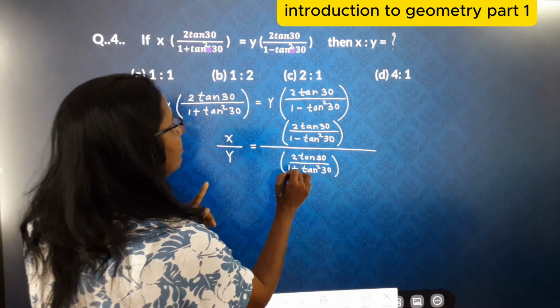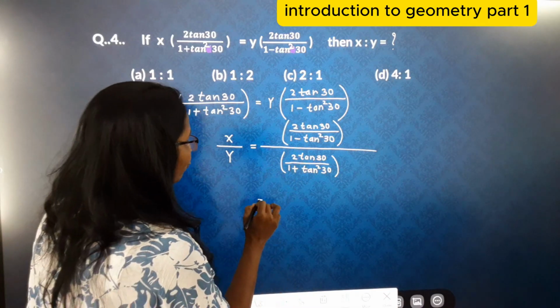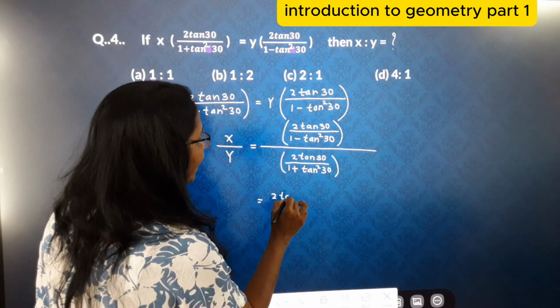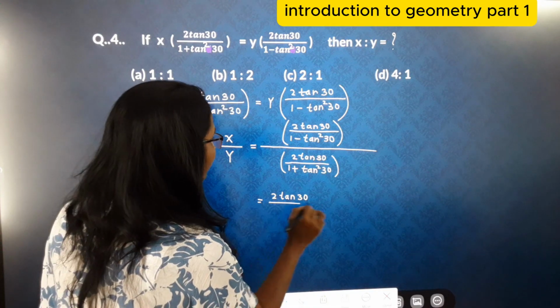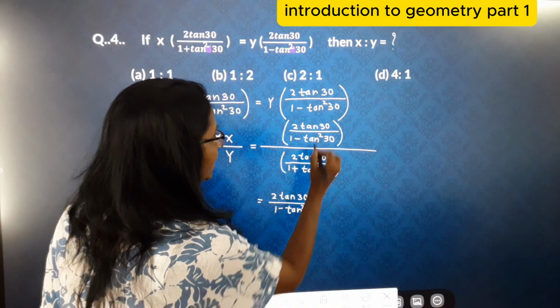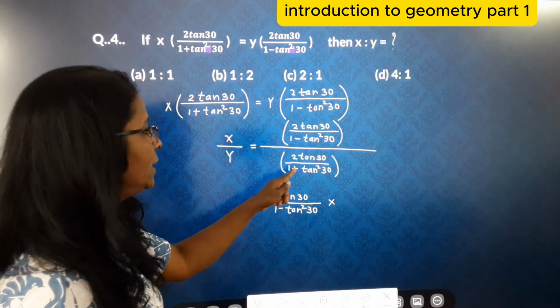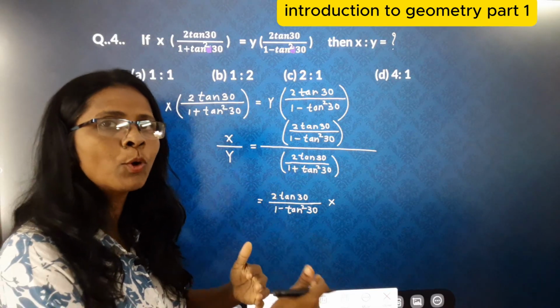Then I simplify the numerator and denominator form. I write the numerator as it is, 2 tan 30 upon 1 minus tan² 30, then multiply by the denominator in reciprocal form.